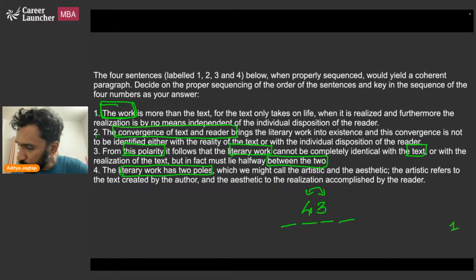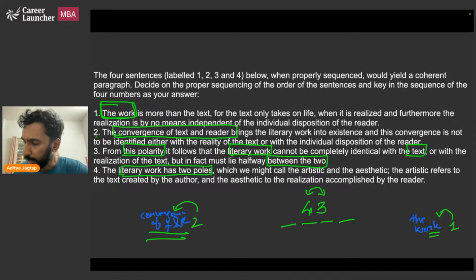So prior to sentence 1, we should ideally be discussing the work. And prior to sentence 2, we should ideally be discussing convergence of text and reader. Right? Okay. So let's look at prior to sentence 1, the work.